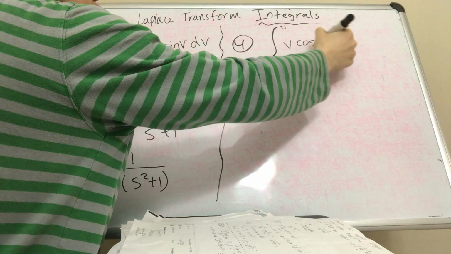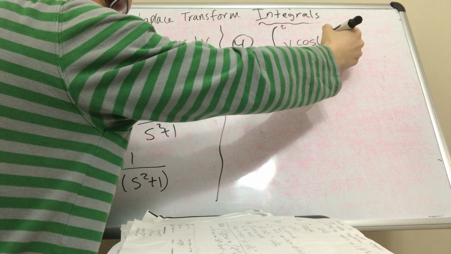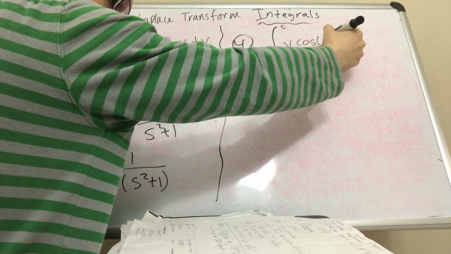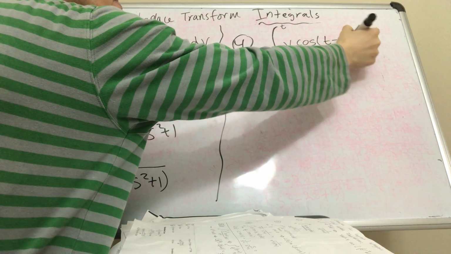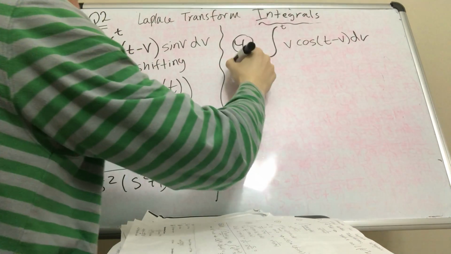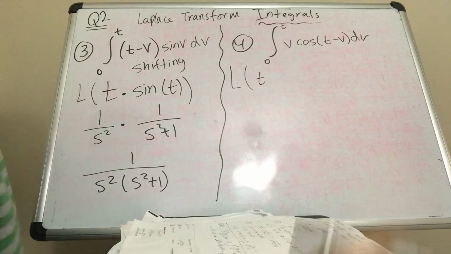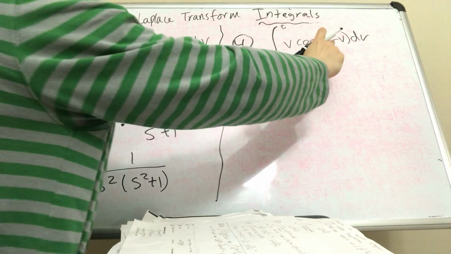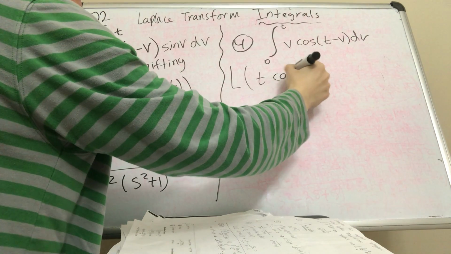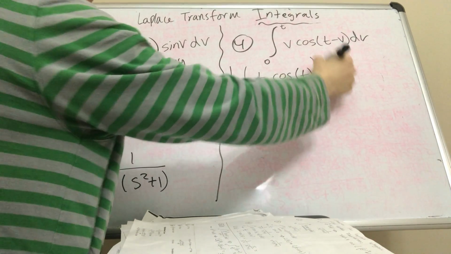V cosine t minus v dv. The v by itself we treated like t. The one with the shifting, you just call it t.